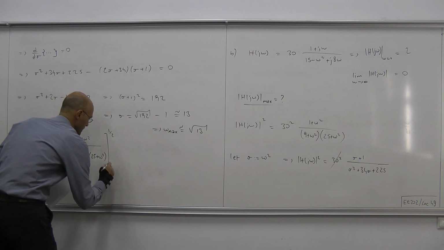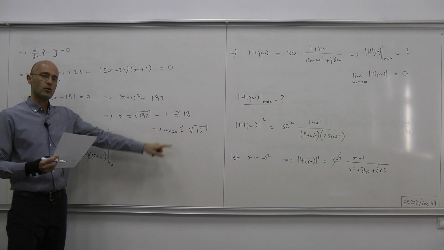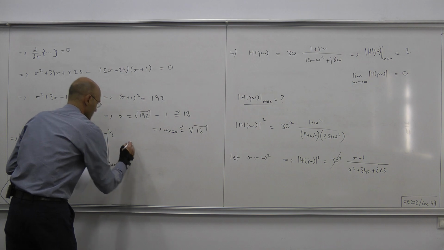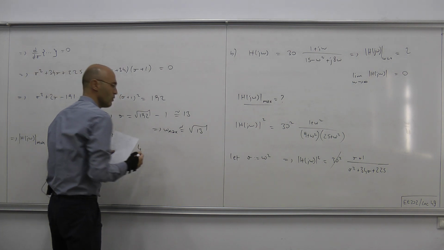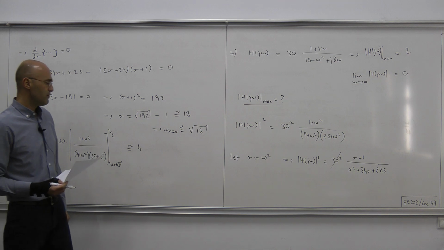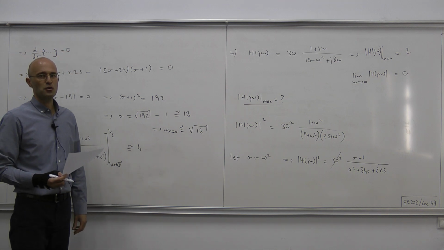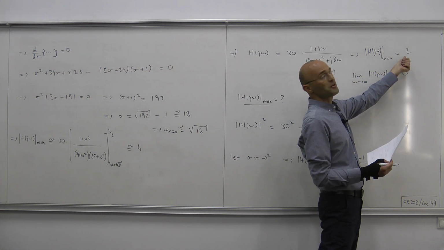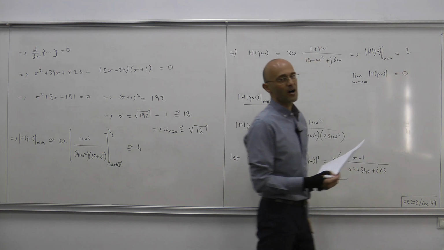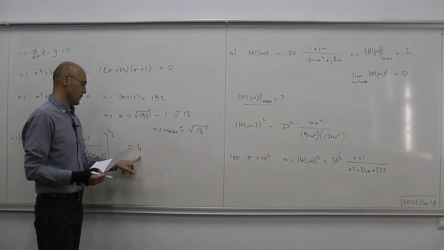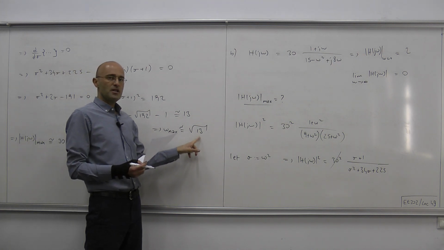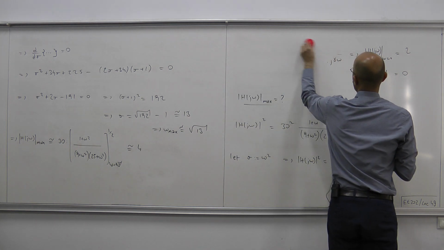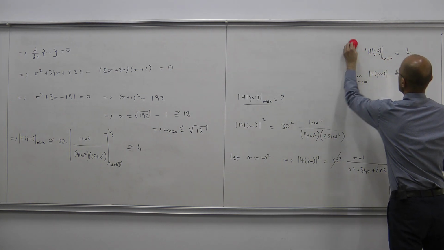We're taking the square root and plugging in ω equals the peak frequency, the square root of 13, and that approximately equals 4. So that's enough detail for us to sketch the gain characteristics. We know what happens at low frequencies, what happens at high frequencies, and we also know the maximum value and at what frequency it's achieved. So let's sketch the gain characteristics, and then we can move to the phase.